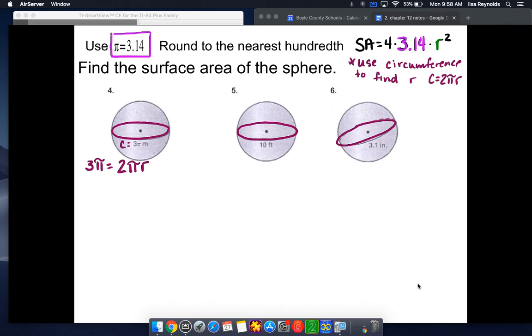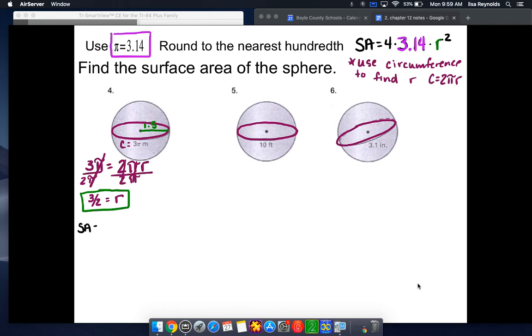Since they leave the pi, we'll leave the pi here. So we're going to divide by 2 pi. So the pi's will cancel, and we are left with 3/2 for the radius. So our radius of this particular circle is 3/2. 3/2 is 1.5.